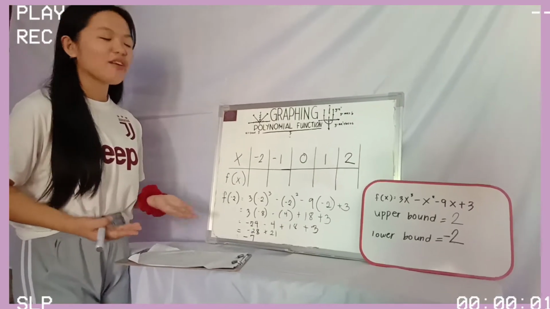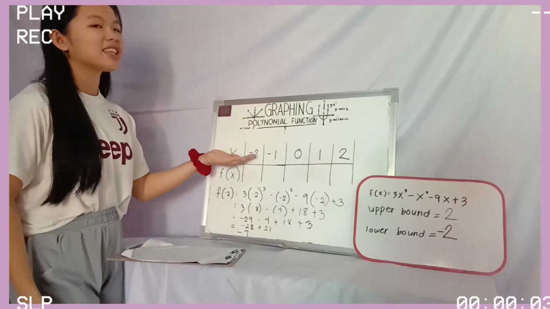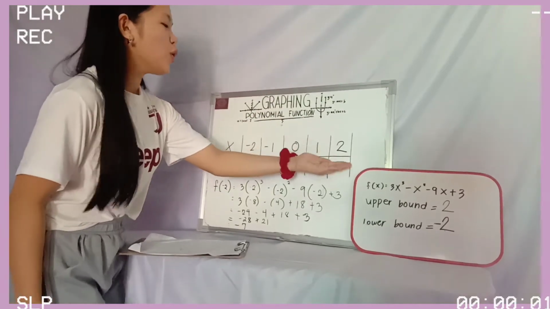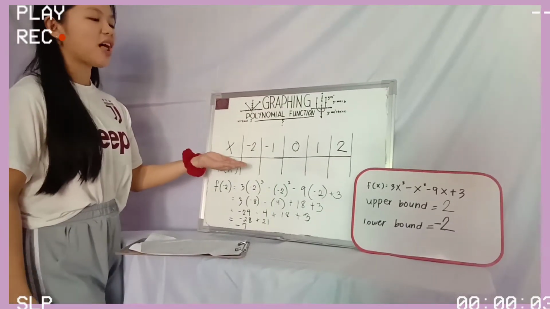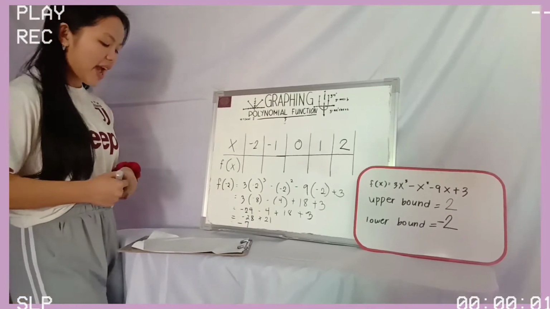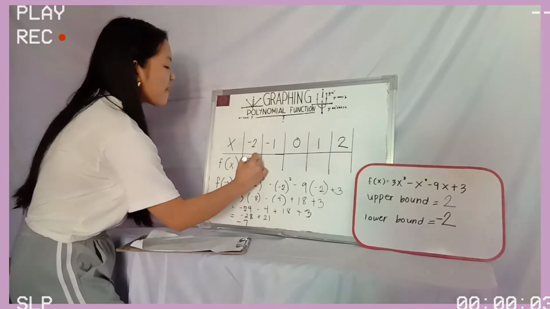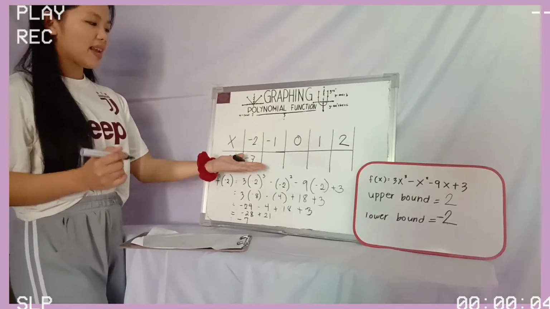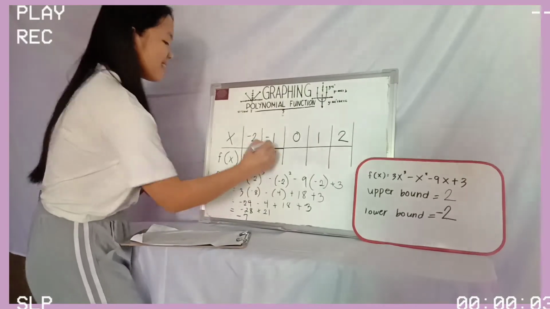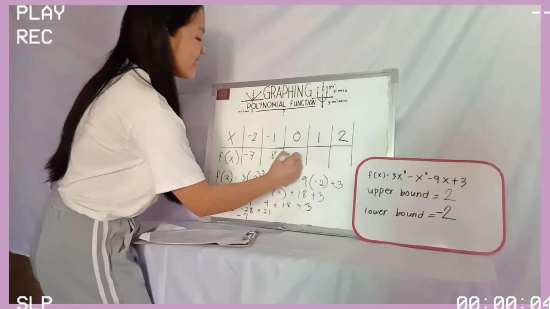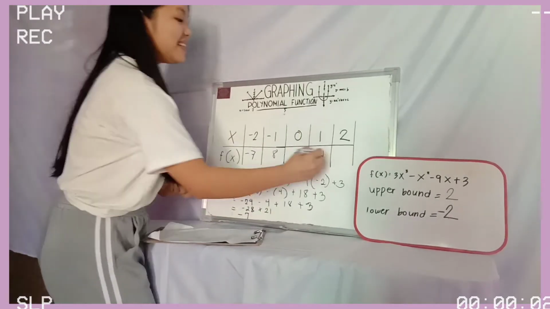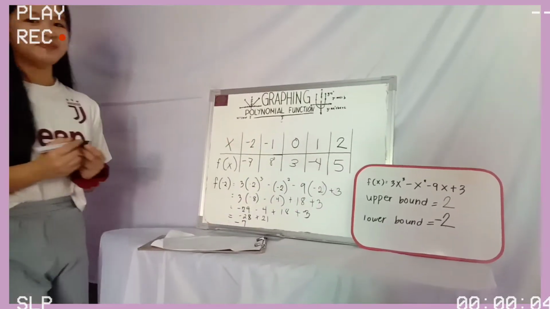Since we already have the values of x, which are negative 2, negative 1, 0, 1, and 2, we're going to substitute these values to the given equation, and we can get the answer of negative 7. And for the next one, positive 8, 3, negative 4, and positive 5.